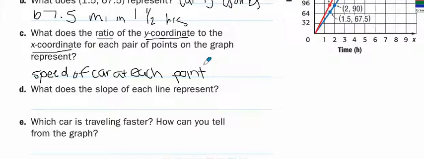The slope of each line should be the average speed of the car, because each point is a certain speed at a certain time. So when we have that slope, we have a collection of all of those speeds at any given time.